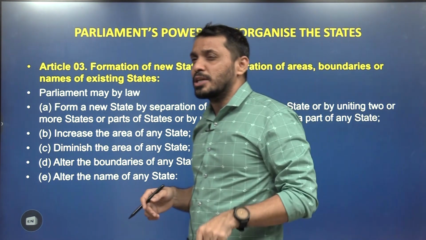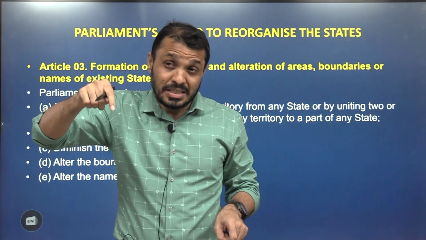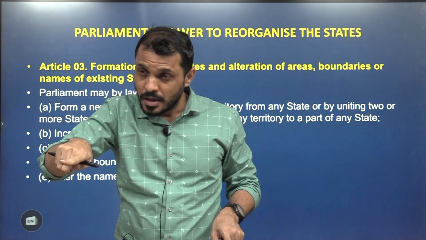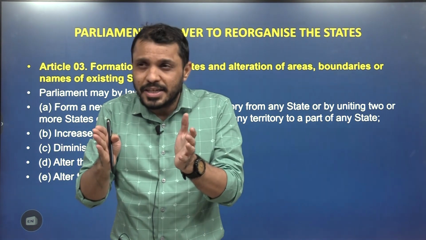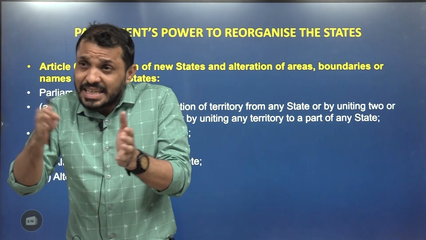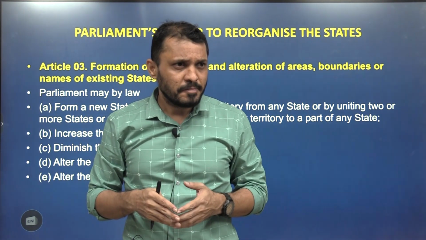Why was that provision included by B.R. Ambedkar? If he had included the provision that the bill must be accepted by the assembly, then normally, when a state is getting divided and minority people want to be divided from the state, do you really think the bill will be passed in the assembly? Never.